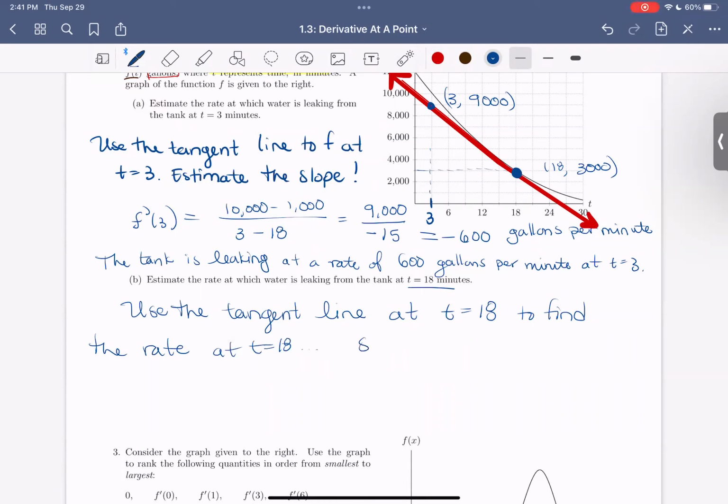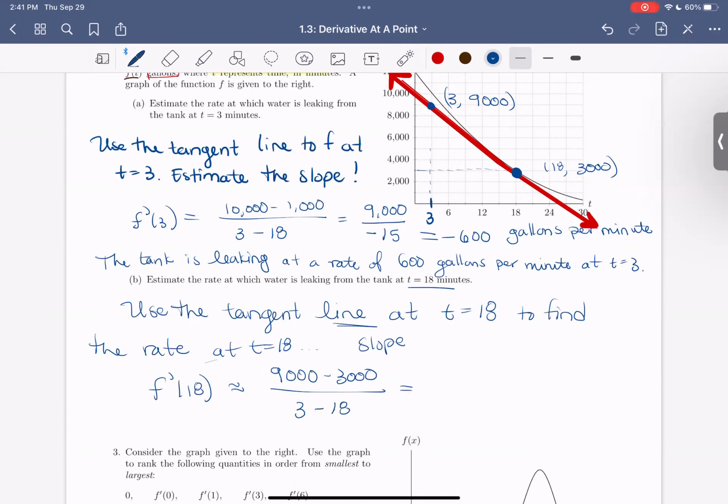We need to compute the slope of that tangent line. That's going to be using our notation f prime of 18. It's going to be the slope between these 2 points. So we'll have the difference of our y's, which is 9,000 minus 3,000, divided by the difference of our t's, which is 3 minus 18.